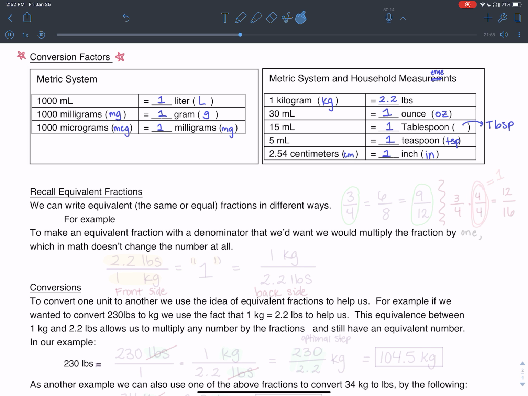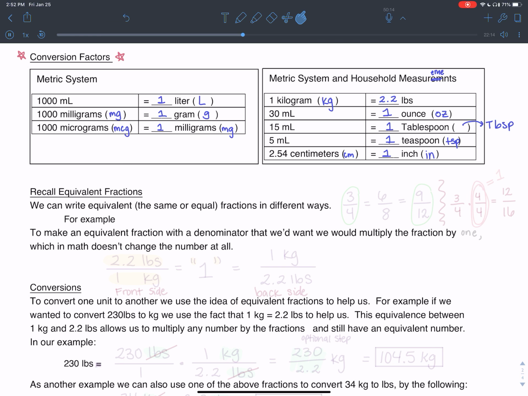So let's talk about that converting. How do we convert, and why can we convert? Let's recall a couple things. One thing is that we can write equivalent fractions. We can write the same or equal fractions in different ways.